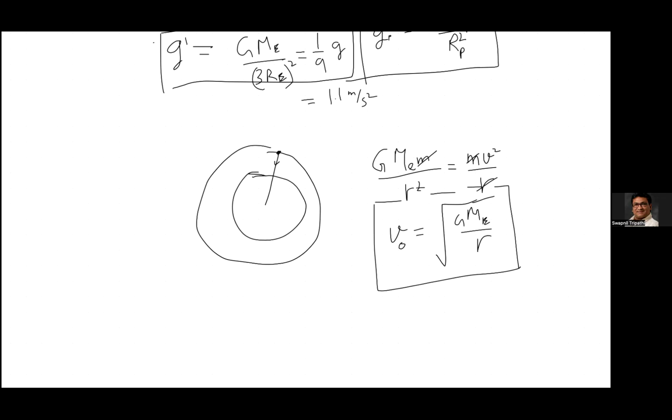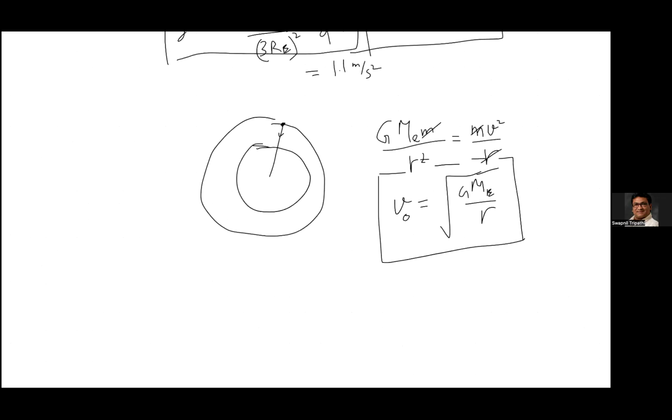You'll find out that at the speed at which it goes, it is able to complete one orbit around the Earth in about 90 minutes. So this is the formula for the orbital velocity.